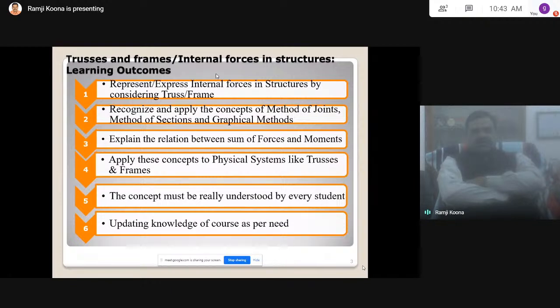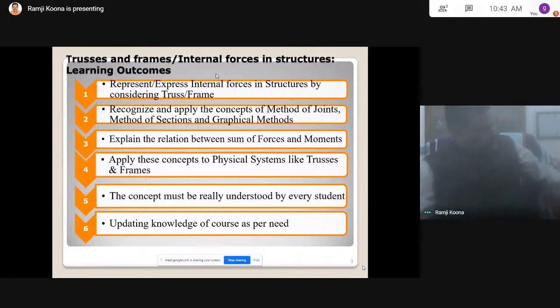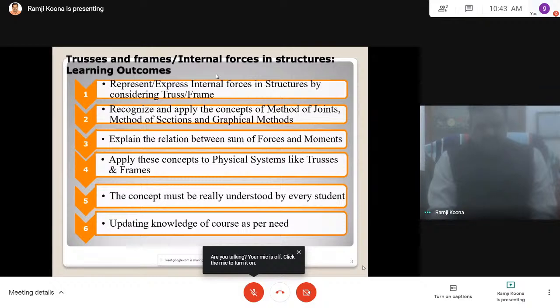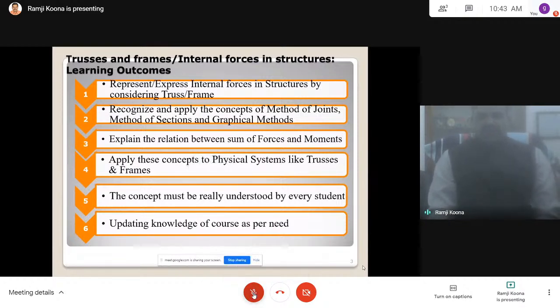Then recognize and apply the concepts of the method of joints. These are the three methods we are using: method of joints, method of sections, and the graphical method. Then the relation between the forces. When we are applying external forces, what is the relation we are considering? How to get the unknown internal forces in the members.